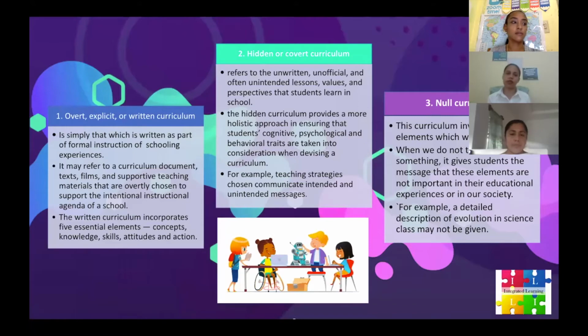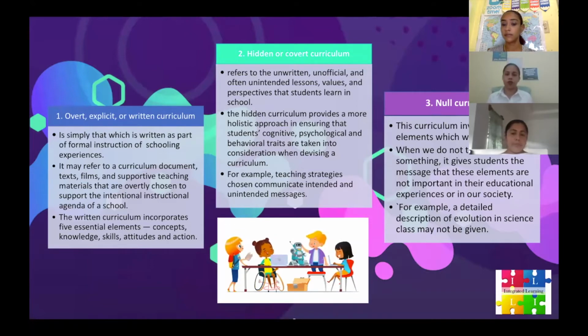So the first one I'll be speaking about here, we have the overt, explicit, or written curriculum. This is simply what is written as part of formal instruction of schooling experiences. This can be developed by curriculum experts, by administrators, teachers, or any other expert in the curriculum field.